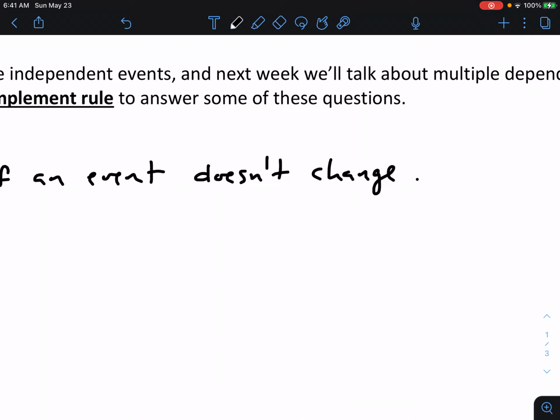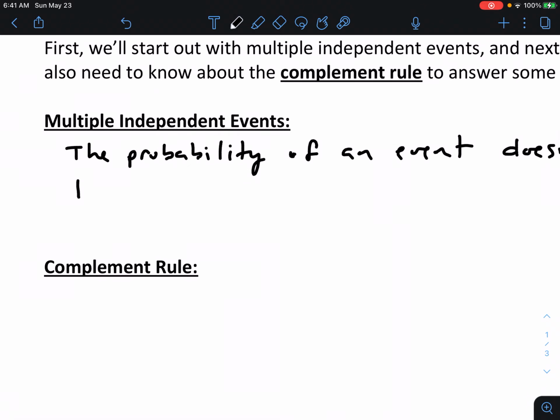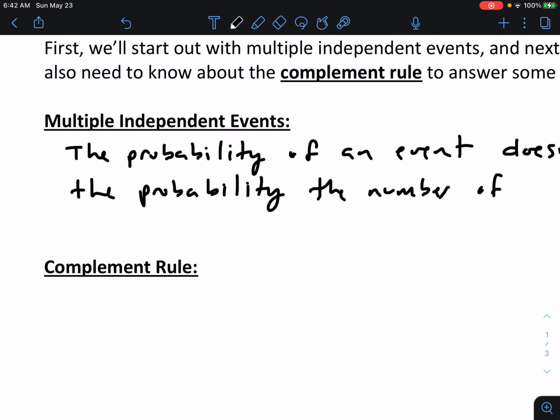But what we have to do with multiple independent events is we need to multiply the probability based on the number of times that we expect we're going to do something, right? So we multiply the probability the number of times we do something.